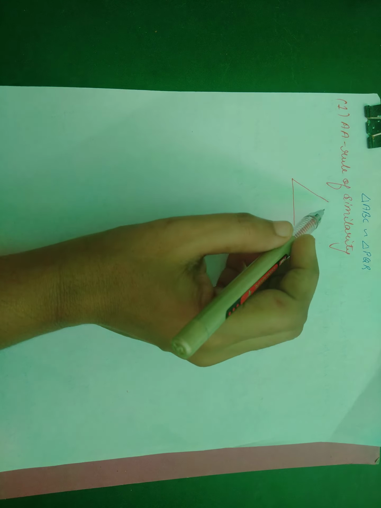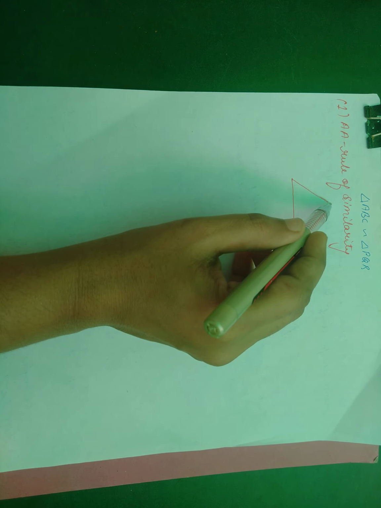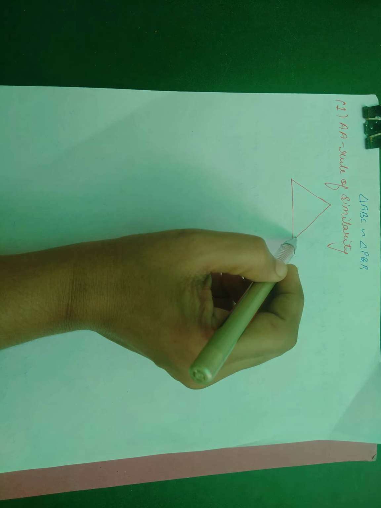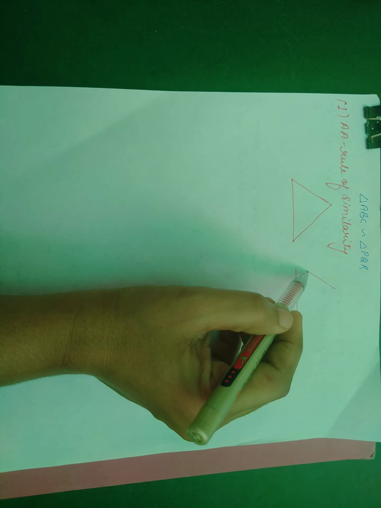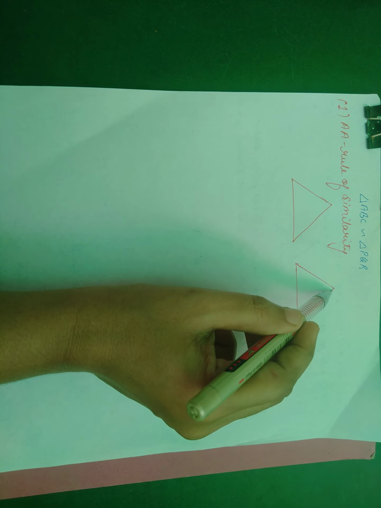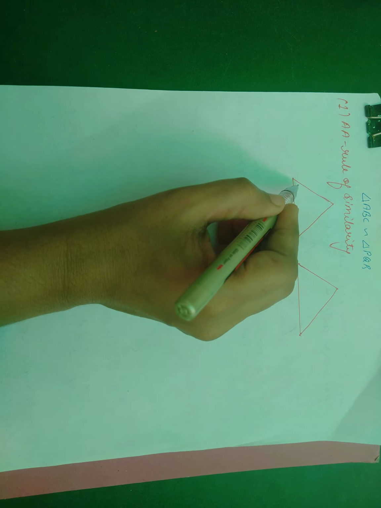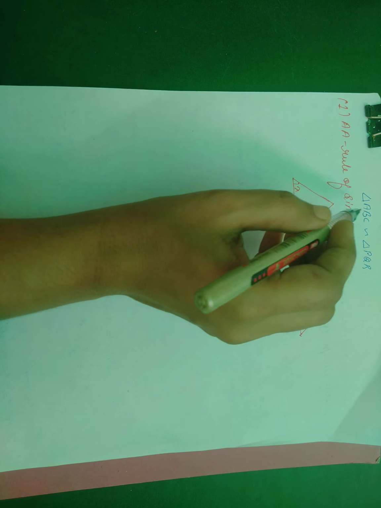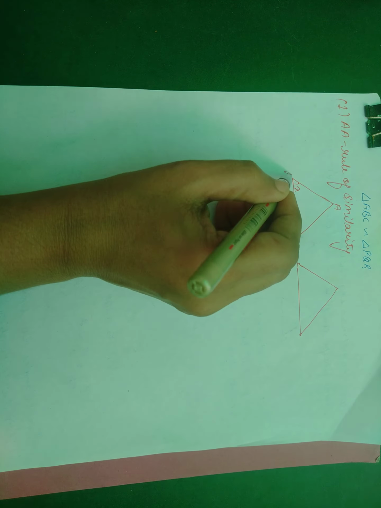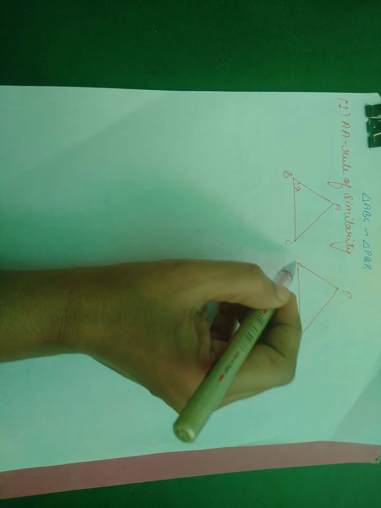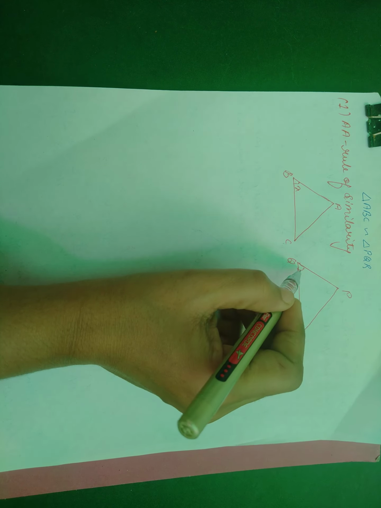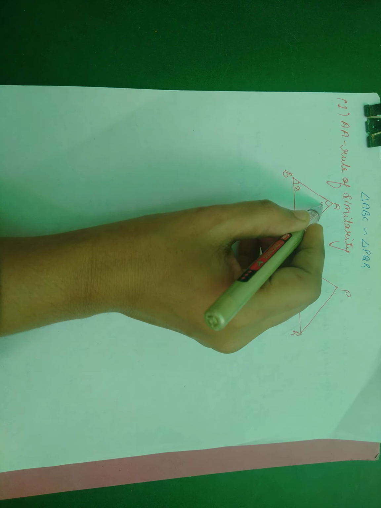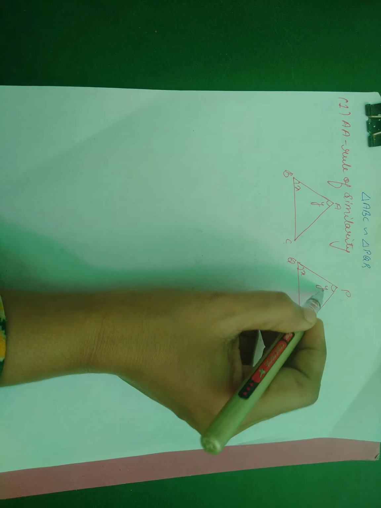Okay, so for the same I am going to make two triangles. This is the first one and the second one is this. Suppose this angle is x, let me name them ABC and PQR. So this is x, this will also be x, this is y, and this angle is also y.